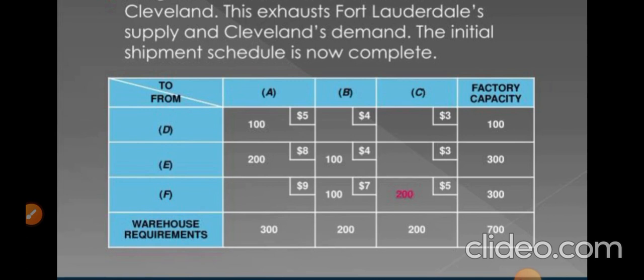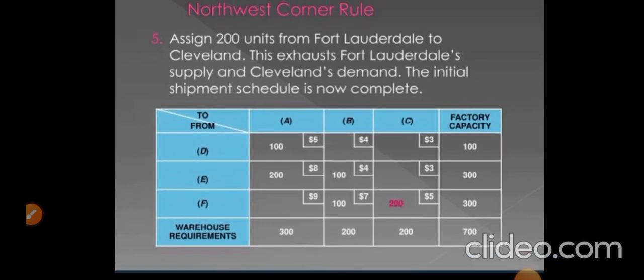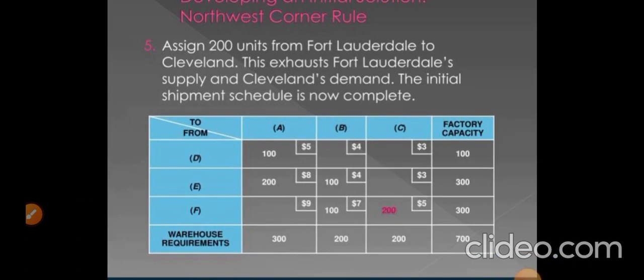So that is the 200 units. So assign 200 units from F to C. This exhausts F's supply and C's demand. The initial shipment schedule is now complete.